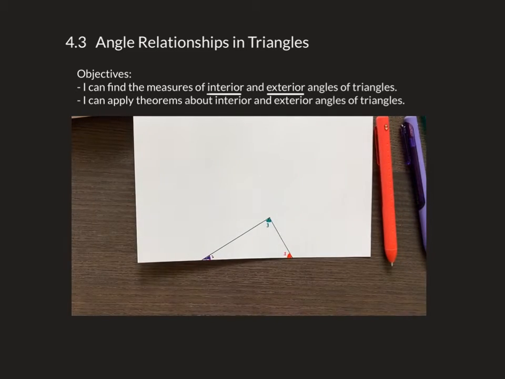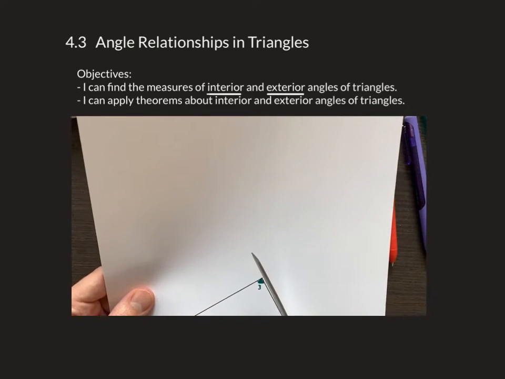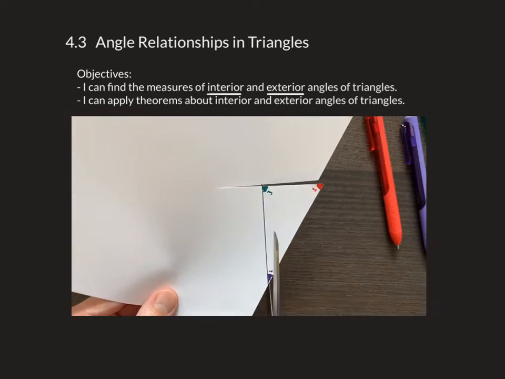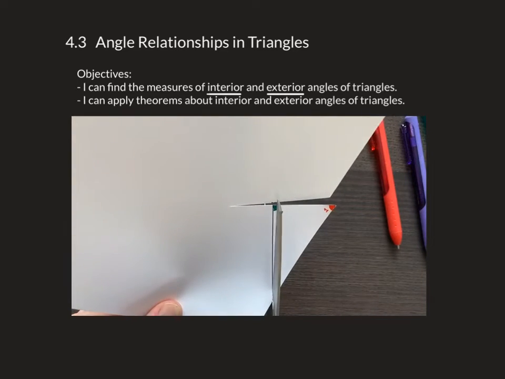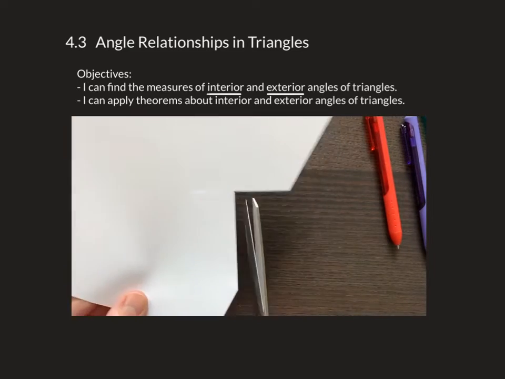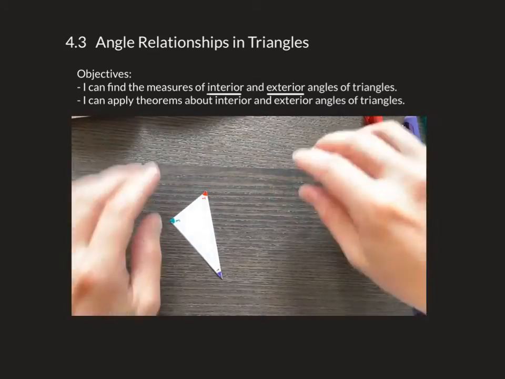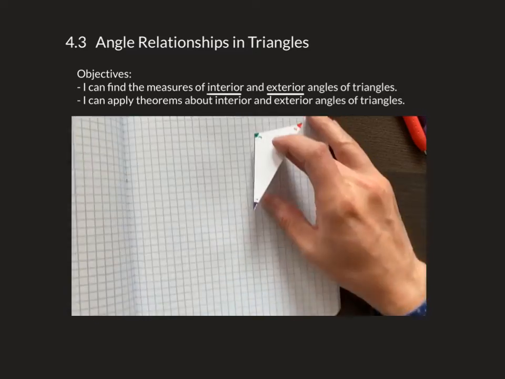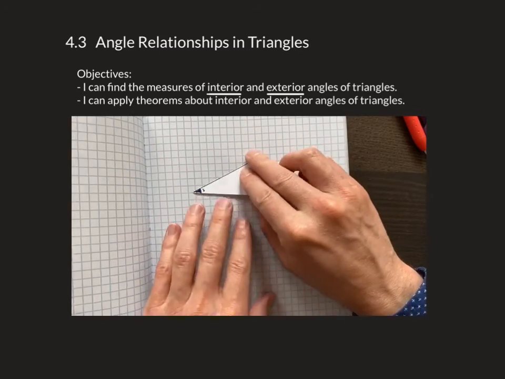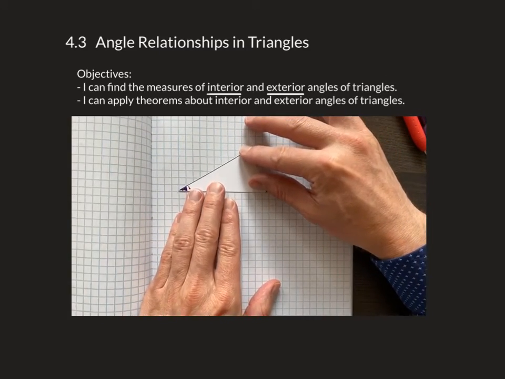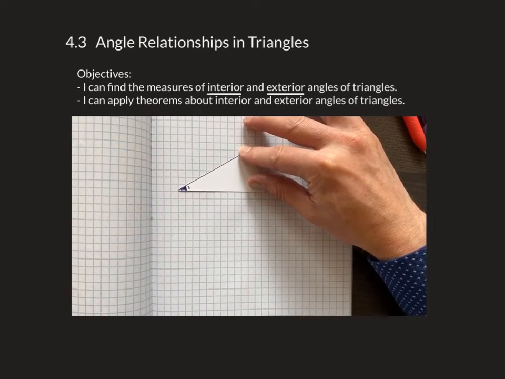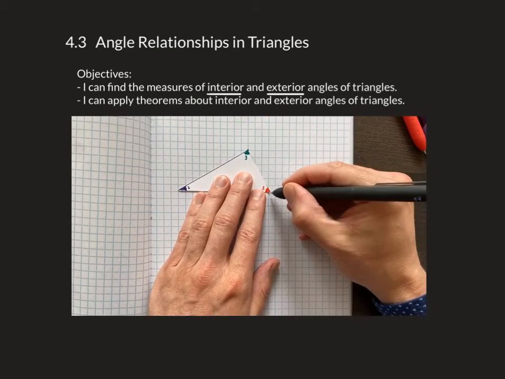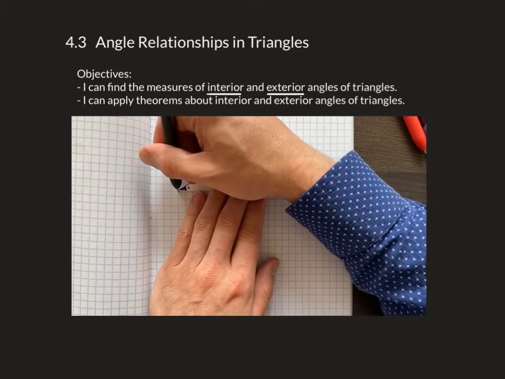Alright, so now I'm just going to take your scissors and cut out your triangle. Now, also you can pause this video as we go through so you can catch up. That's perfectly fine. So now in your notebook, you're going to take your black pen and mark the 3 vertices of your triangle.